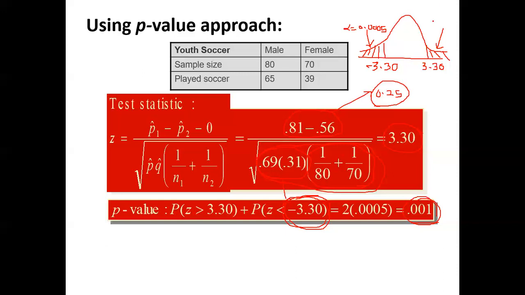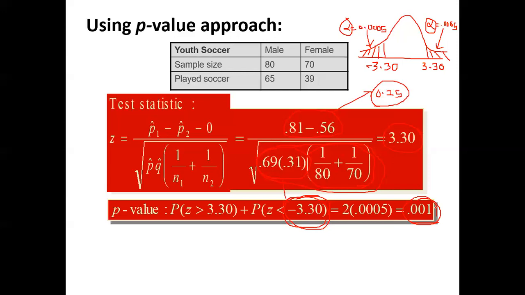So the alpha here is also 0.0005. So when you times by 2, this right tail value of alpha and the left tail value of alpha, you will get 0.001.